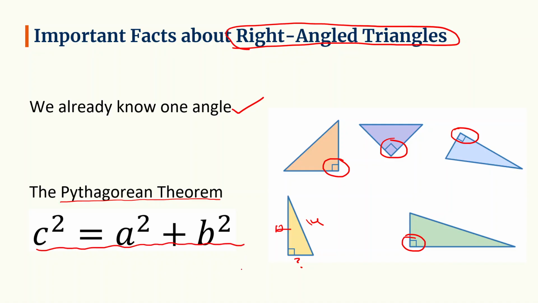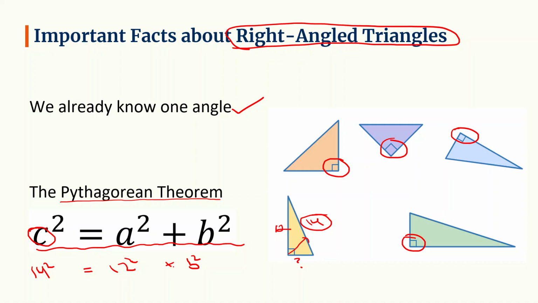Just a reminder, using the Pythagorean theorem, it's really important that you put the hypotenuse, the side opposite the 90 degrees, the longest side, in this position over here where it's alone. So in this case, I would have to write 14 squared equals 12 squared plus b squared.